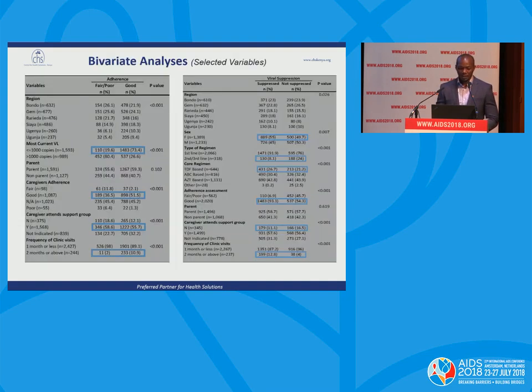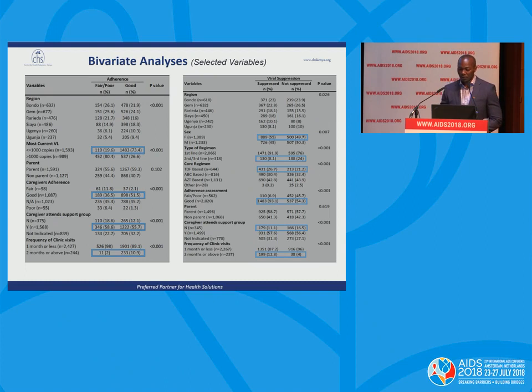In bivariate analysis, the factors that were statistically significant for adherence were the number of copies of the viral load, good reported adherence among the caregivers, attendance of support groups among caregivers, as well as frequency of clinic visits.